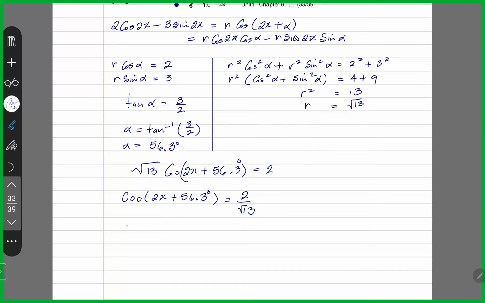Now I can say 2x plus 56.3 degrees is equal to cosine inverse 2 over the root of 13.